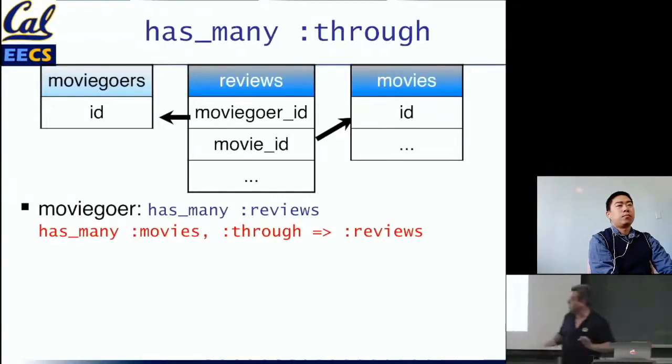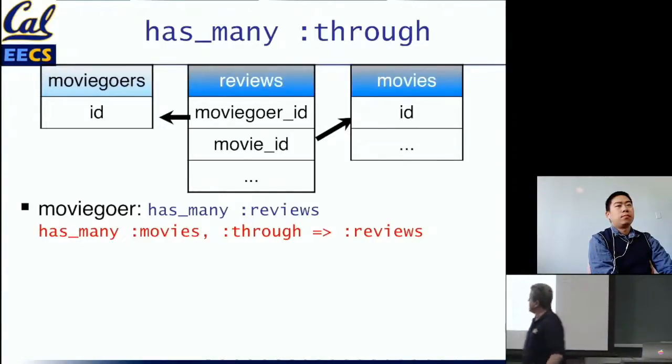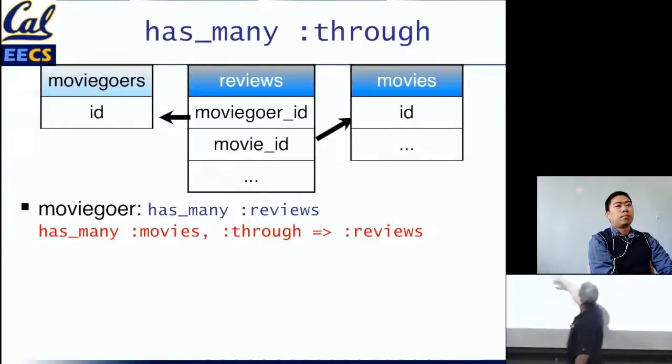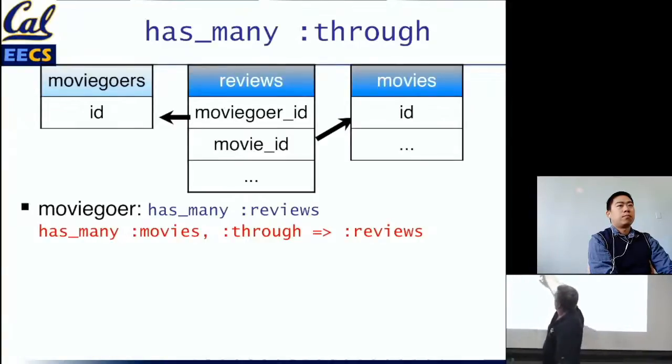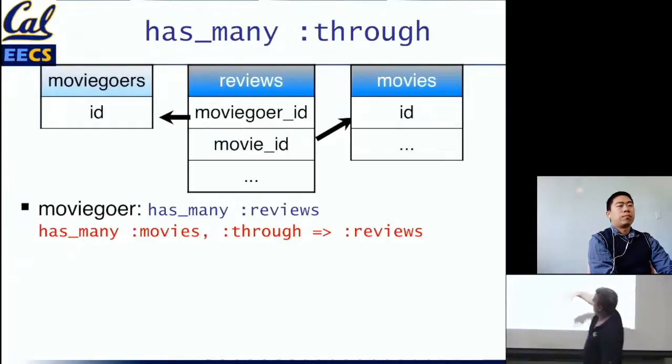This is about the coolest thing ever, because basically what it says is there's not a direct relationship between moviegoers and movies, but if we traverse from the movies table through the reviews table, from there we can get to the moviegoers. So if we have a moviegoer with some ID, we can certainly find all of the reviews that match moviegoer ID. And for each one of those reviews, we can grab its movie ID and pull out the corresponding movie.